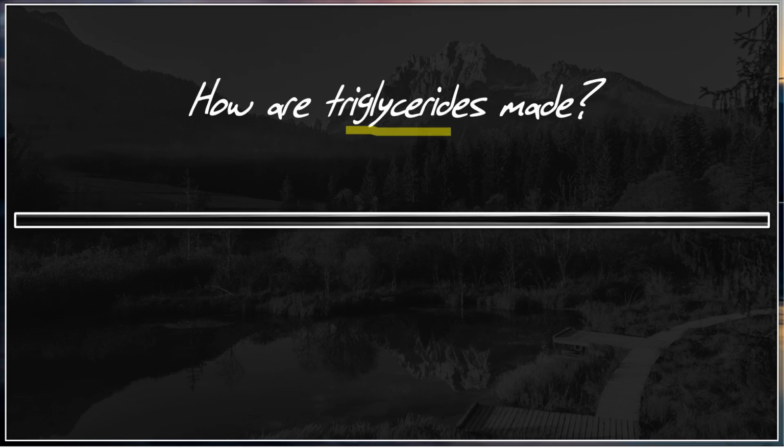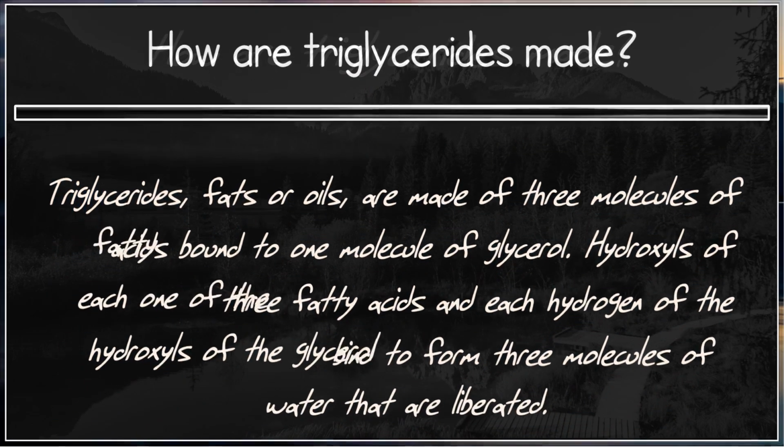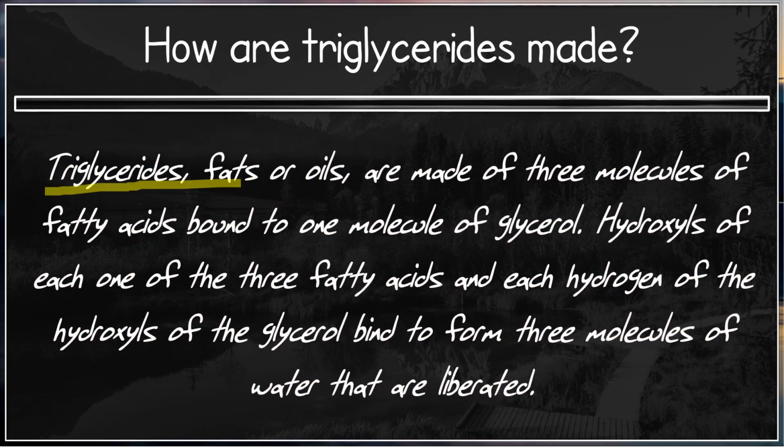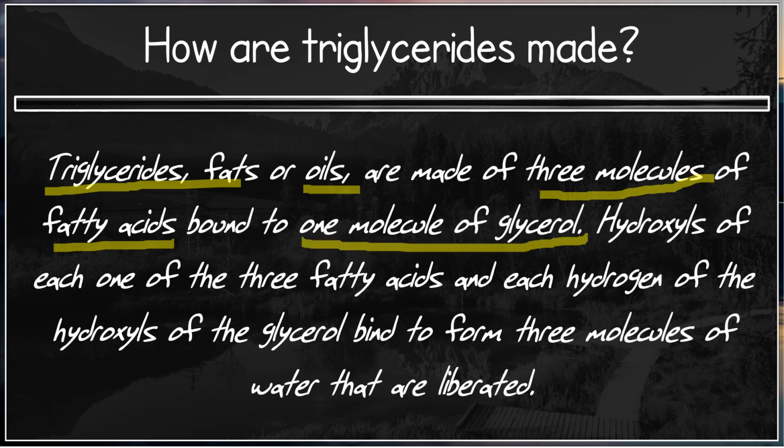How are triglycerides made? Triglycerides, fats or oils, are made of 3 molecules of fatty acids bound to 1 molecule of glycerol.